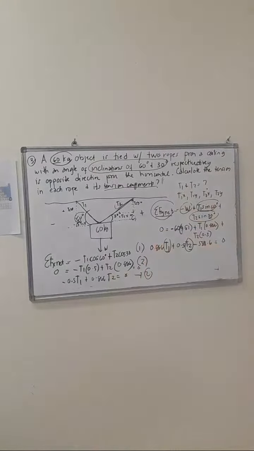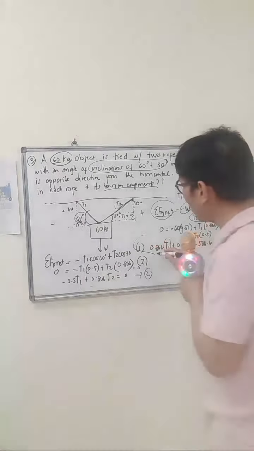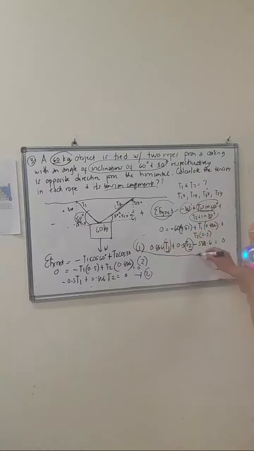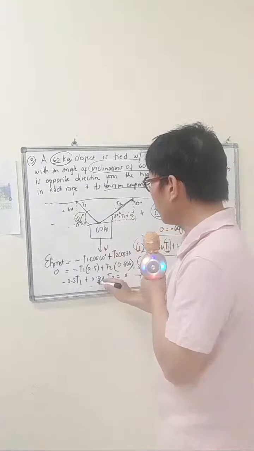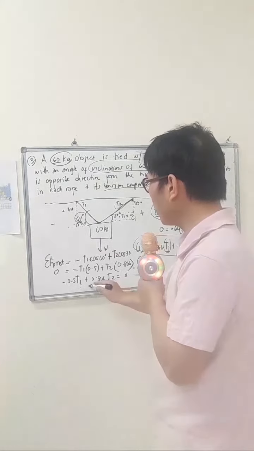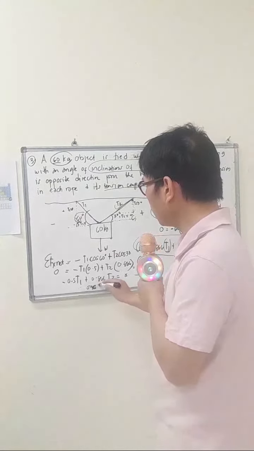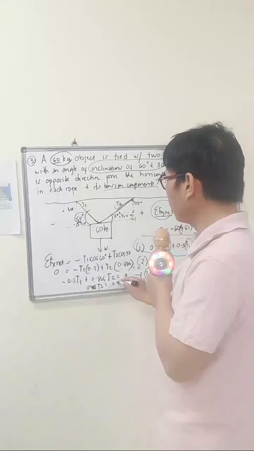So let's take equation 1 here. Actually, you can also use equation 2. It depends on you. But take note, equation 1 has 3 expressions and equation 2 has 2 expressions. I will go to the more simplified one. So let's say I will try to solve for T2. 0.866 T2 is equal to, transposing, 0.5 T1.